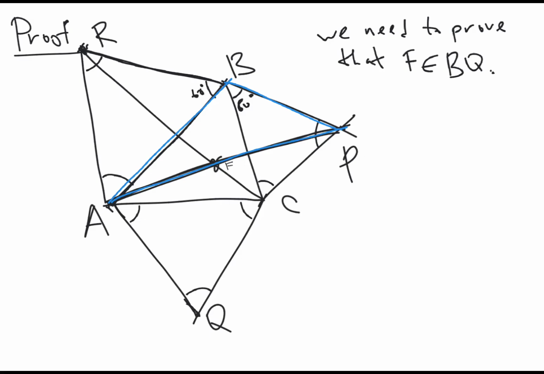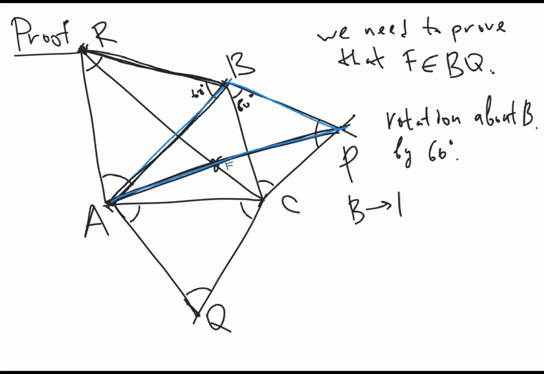clockwise by 60 degrees. So rotation about the point B. So we consider the rotation about the point B by 60 degrees, right? With this rotation, we notice that the segment AB maps to the segment RB, right? So basically B stays in place.